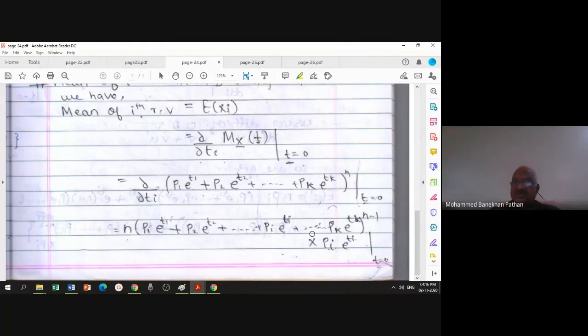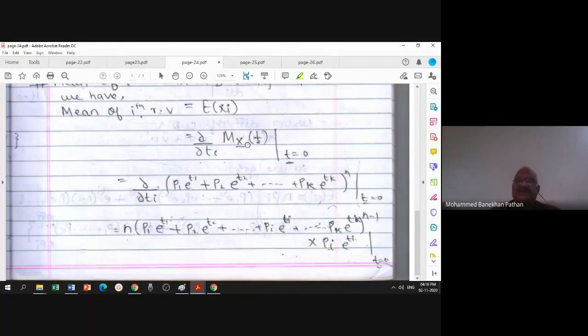Anything to the power 0 is 1. So what is this bracket? This bracket is nothing but P1 plus P2 plus dash dash Pi plus dash dash plus Pk.